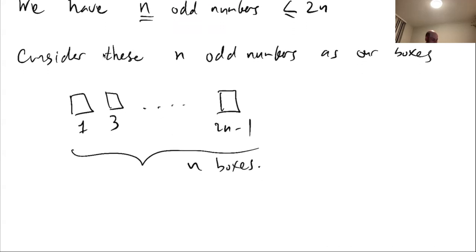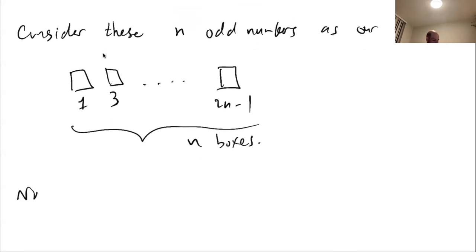So I have n plus 1 objects now. We have n plus 1 numbers, the AIs, with n boxes.